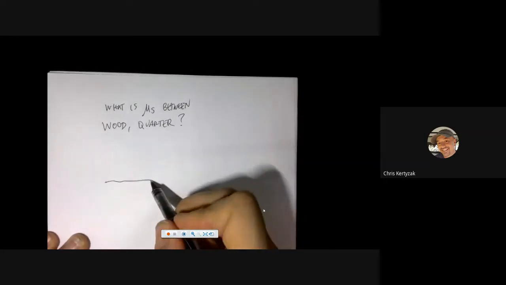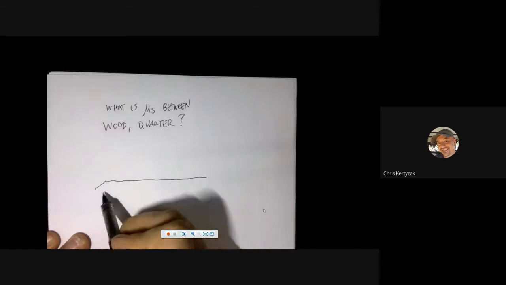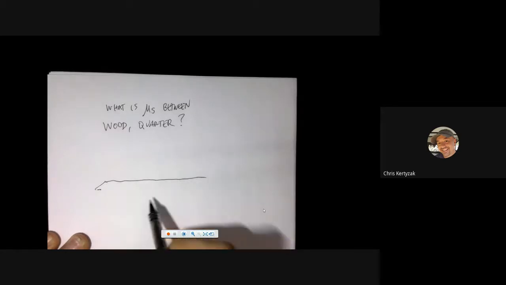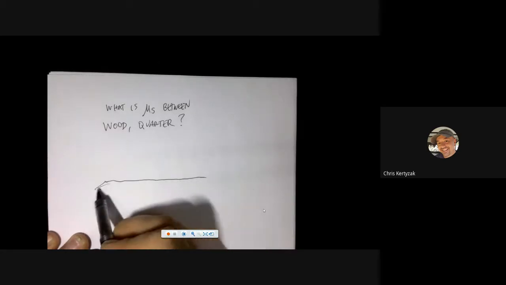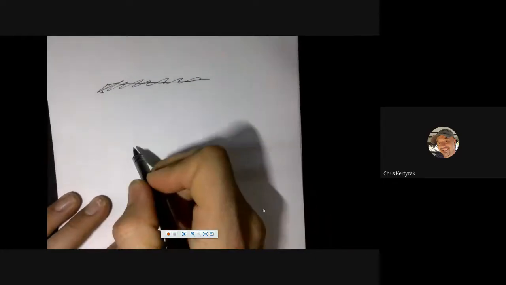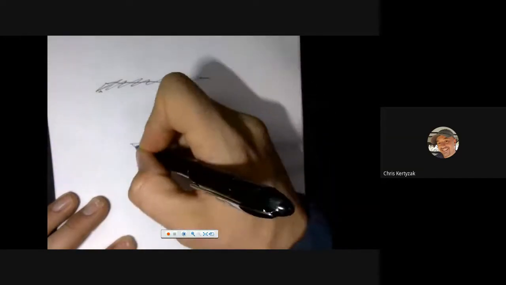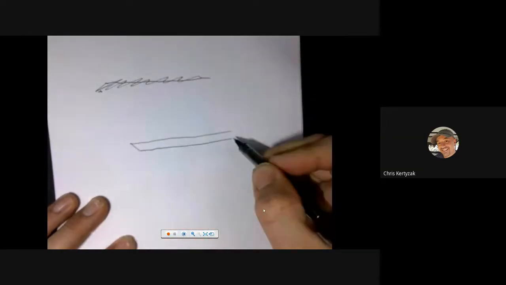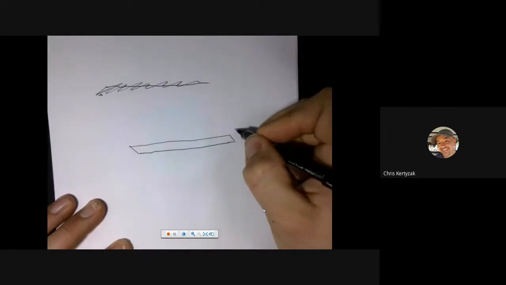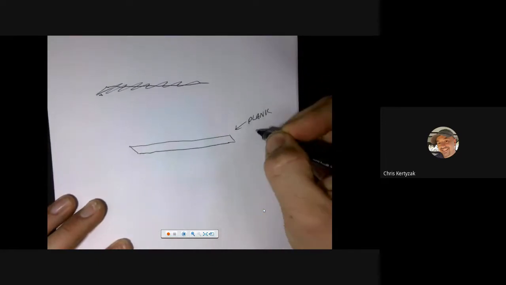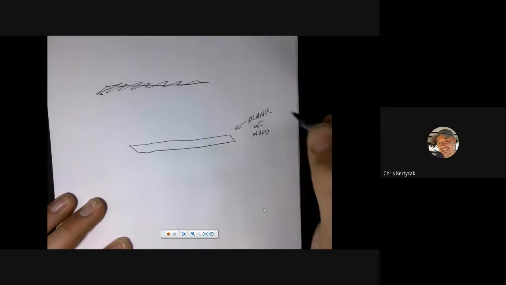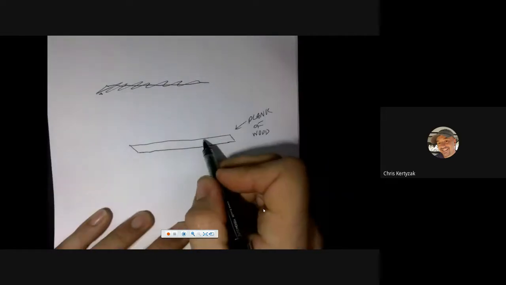I'm going to tell you, and this experiment sometimes turns up. So here's a plank of wood, and then you rest your quarter on top.